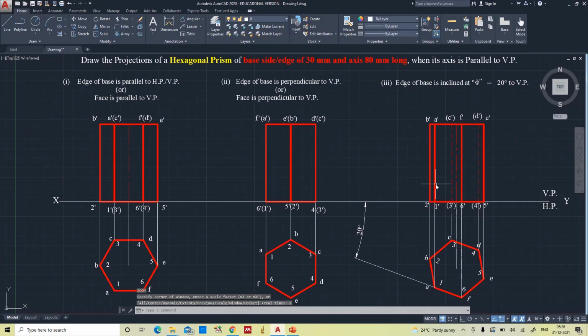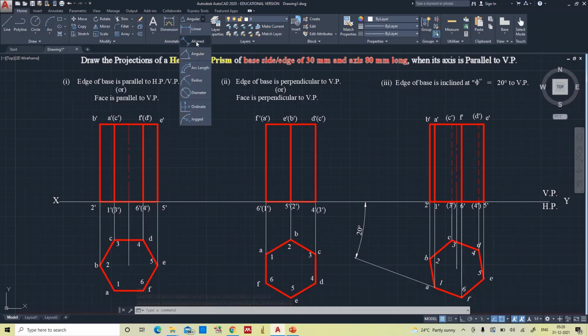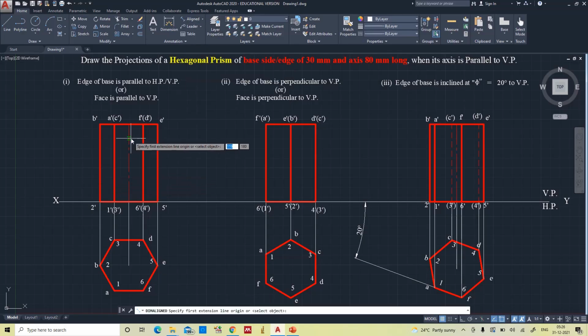So that's it. Now we'll give the dimensioning. It's a must: height of the prism, base side.